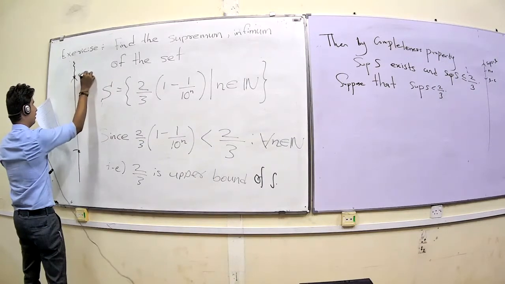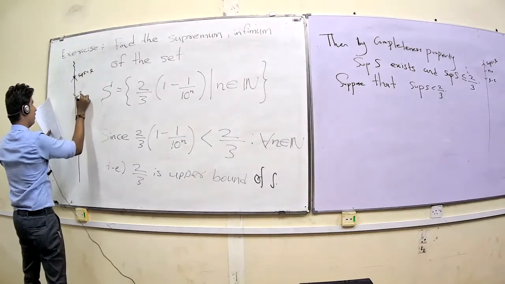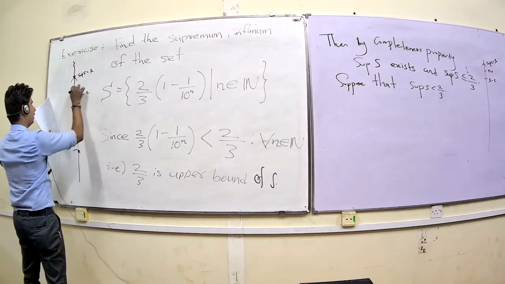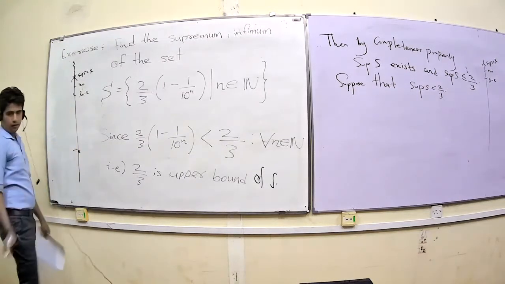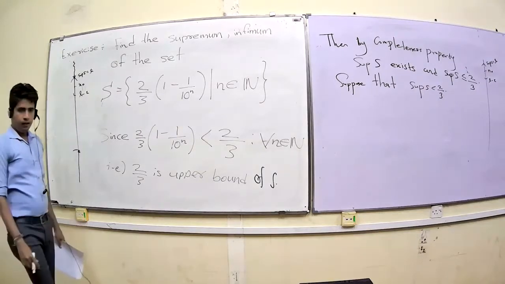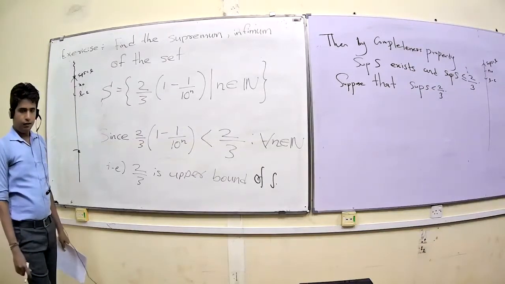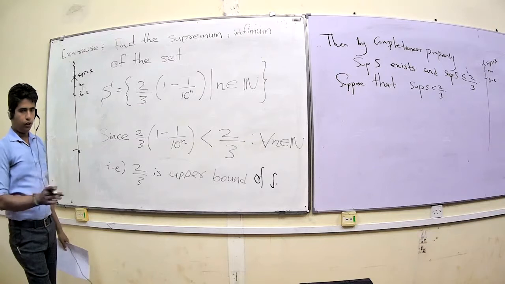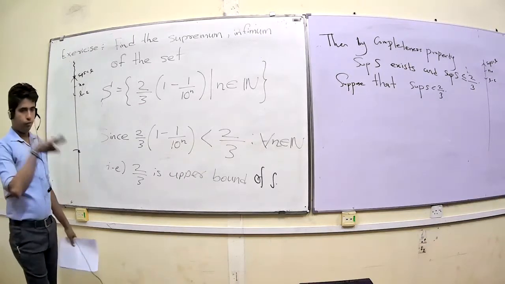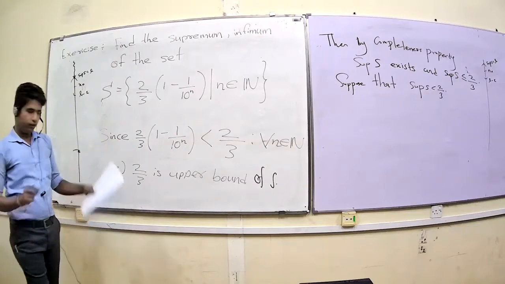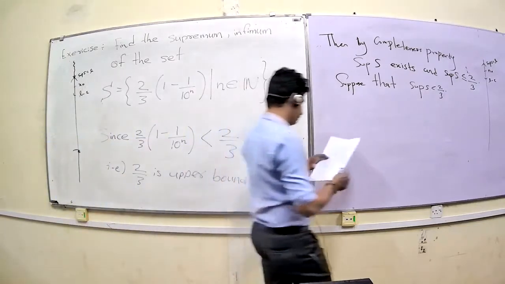Suppose the supremum value is L. Then you can find some element L minus epsilon, and then some element x naught. These are the conditions of the supremum property you already studied. Now you want to show that this case cannot occur, so your supremum value should be 2 by 3.